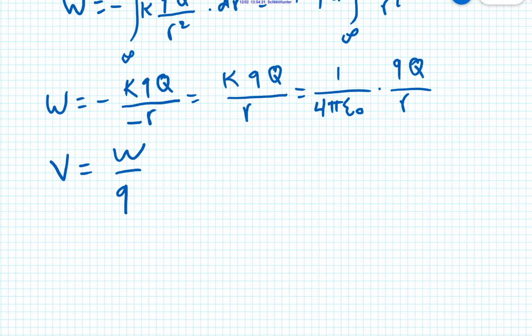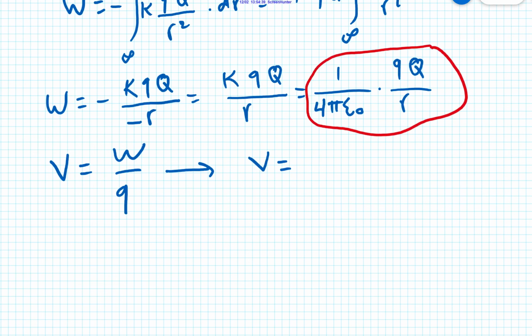According to the conclusion we got up there, dividing this expression W by Q, we get that V is equal to 1 over 4 pi epsilon naught Q over R. And that's it. This is the expression of the electric potential at a point.